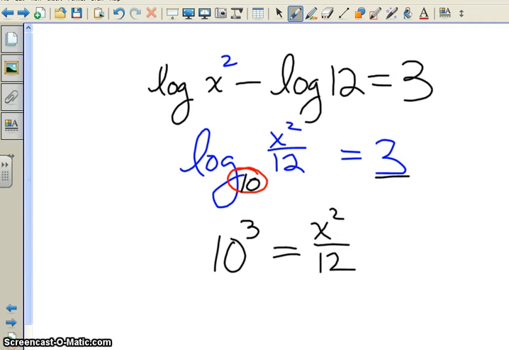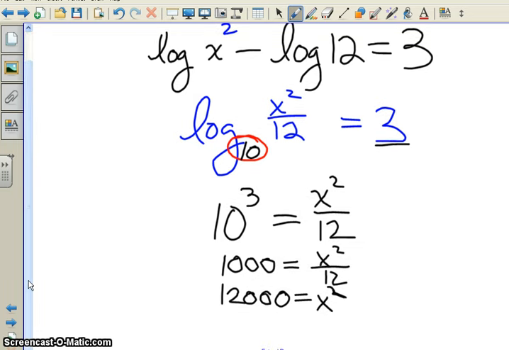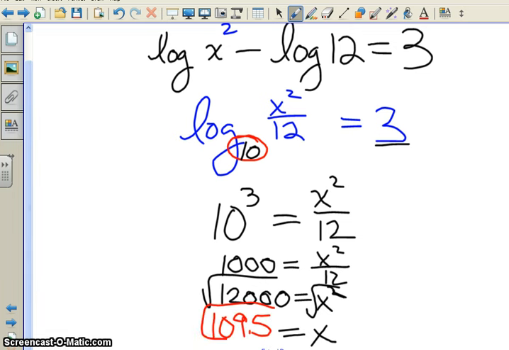And now I know 10 to the third power is 1,000. And then multiplying by 12 would give me 12,000. And then to get rid of the 2, I will square root both sides. And that will tell me my x value is right about 109.5 to the nearest tenth.